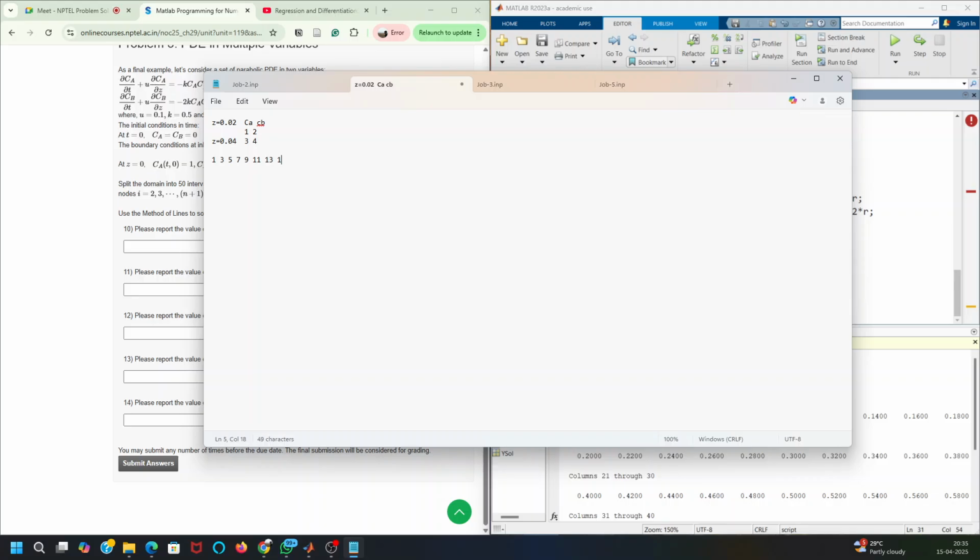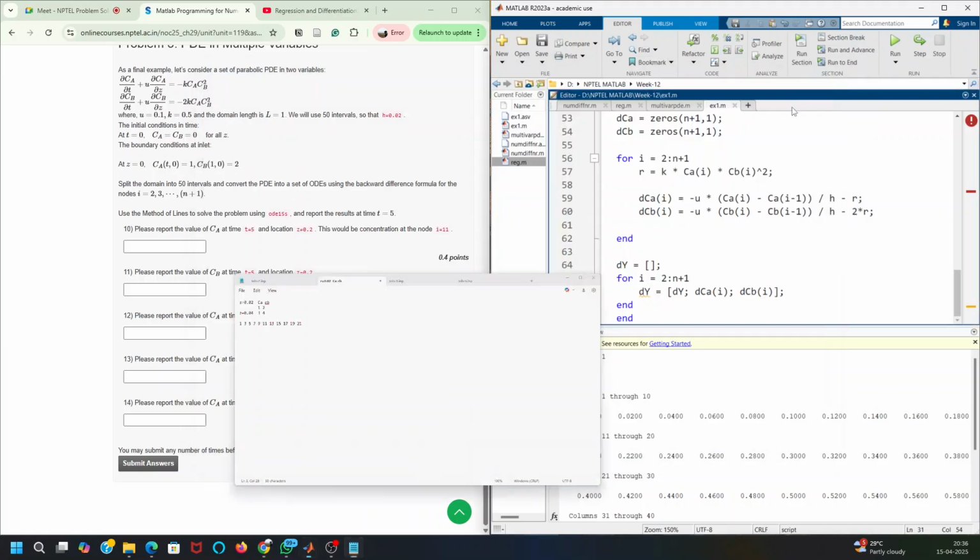These are all the C values I'm writing for various segments. 17, 1, 2, 3, 4, 5, 6. I have to write here 19.